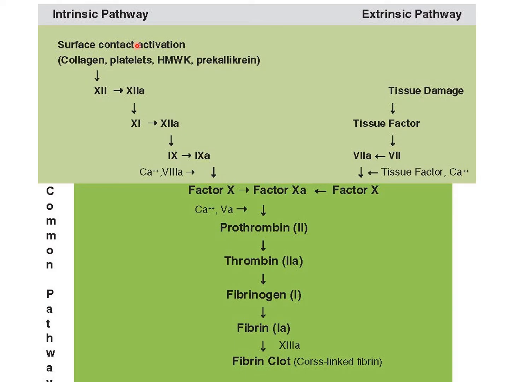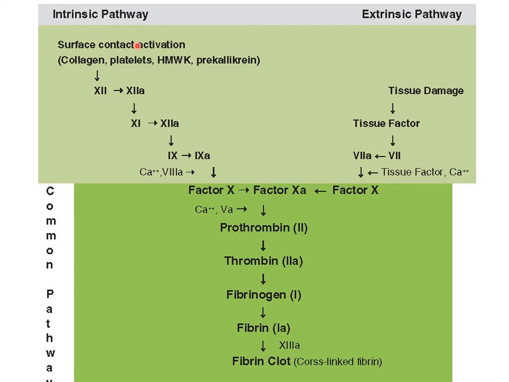You would have also learned in your previous sessions that the blood coagulation system consists of a variety of procoagulant and anticoagulant proteins which are normally present in the blood. However, normally the anticoagulants predominate and the blood does not clot, because that would obviously impair the normal flow of blood.